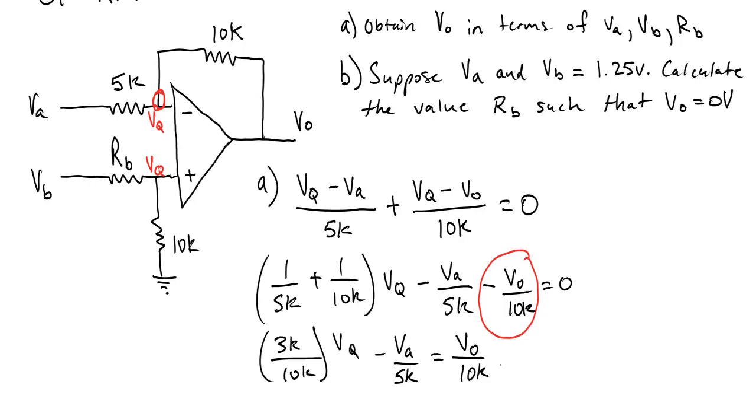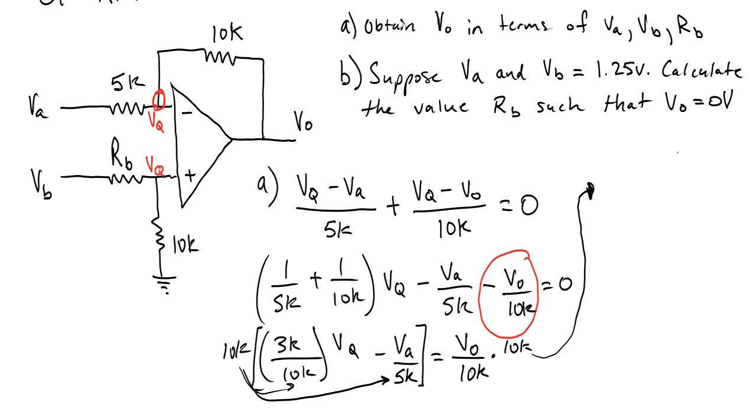Now we want to get VO alone. So we'll go ahead and multiply both sides by 10K. So this is going to distribute to here and then over here. So let's bring this up to here.